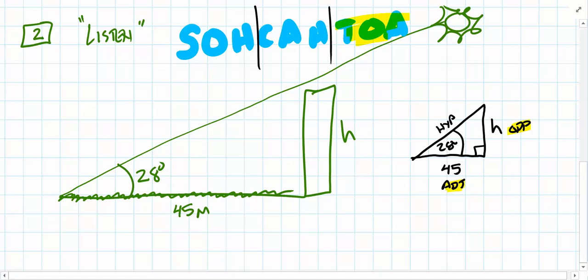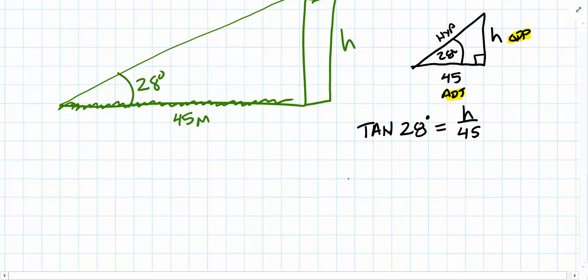So therefore, we're going to say this. The tangent of 28 degrees has to be the ratio of H to 45, opposite to adjacent. So we multiply. H is equal to 45 times the tangent of 28 degrees.